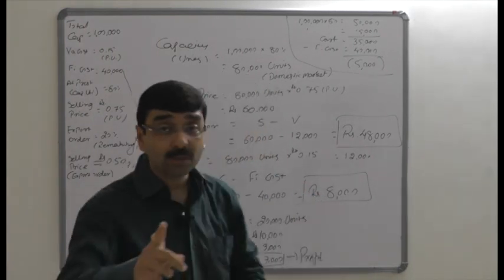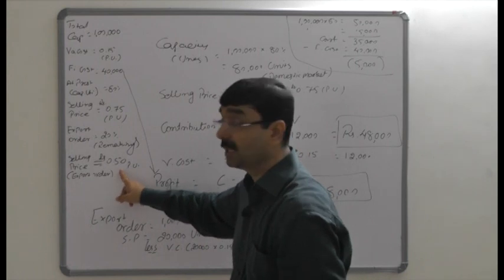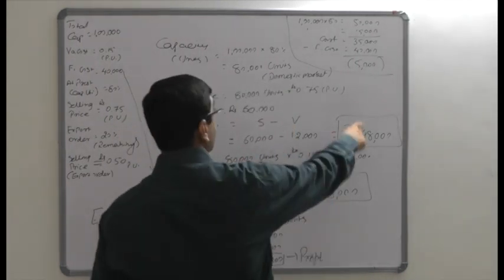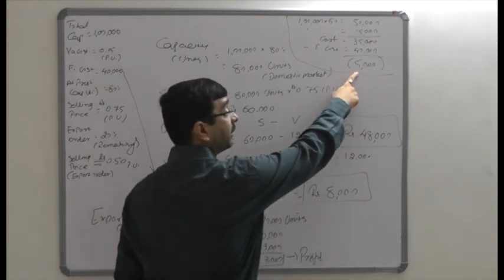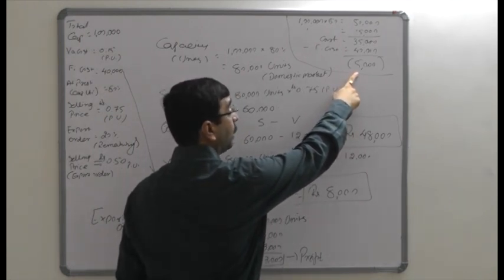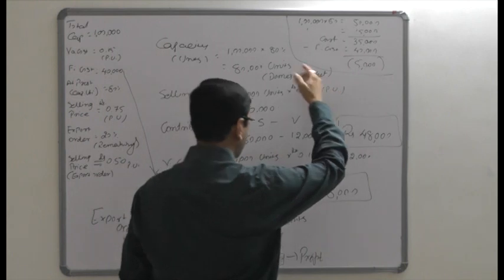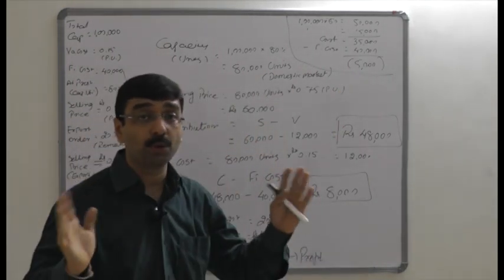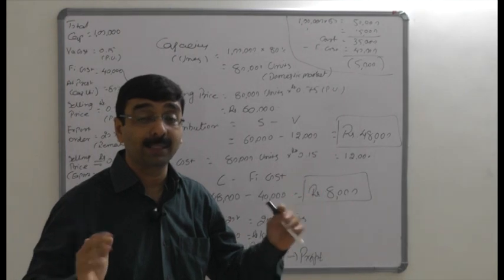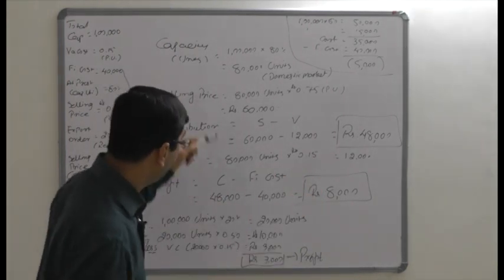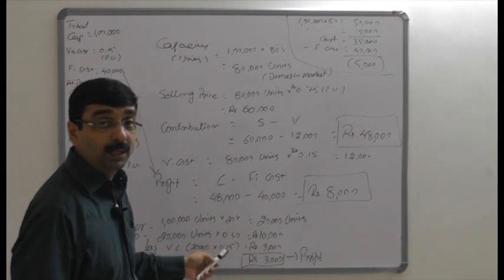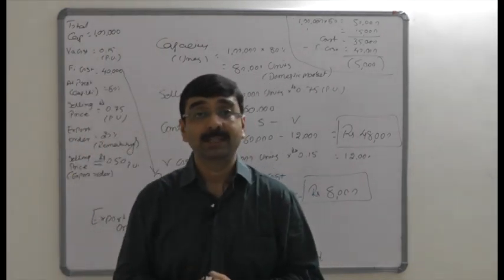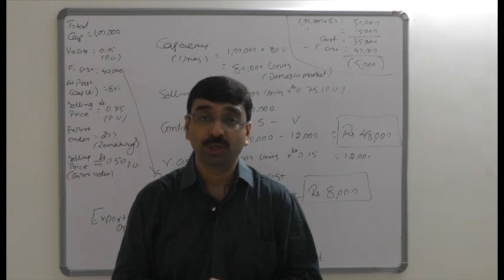If the selling price in the foreign market also affects the domestic market, your position would be this. That means you would actually incur a loss. In this case, the company needs to take a decision. If they are able to manage the sales price in both markets separately, then there would be a good bargain, a good deal to sell in the foreign market. So this is how a company takes a decision regarding the export order.